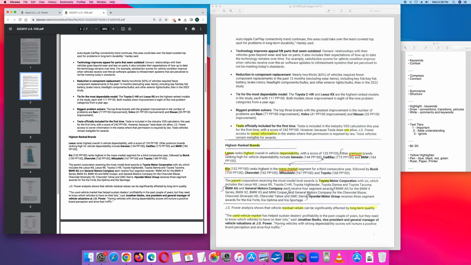Now, somebody else may have a different purpose, but for that purpose, that's why it's good to have a goal. I did find it interesting that Tesla, this was the first time that it was ranked. However, Tesla did not give permission to release owner information in some states, so it's incomplete information. So they did that. Now the bottom part has useful information.